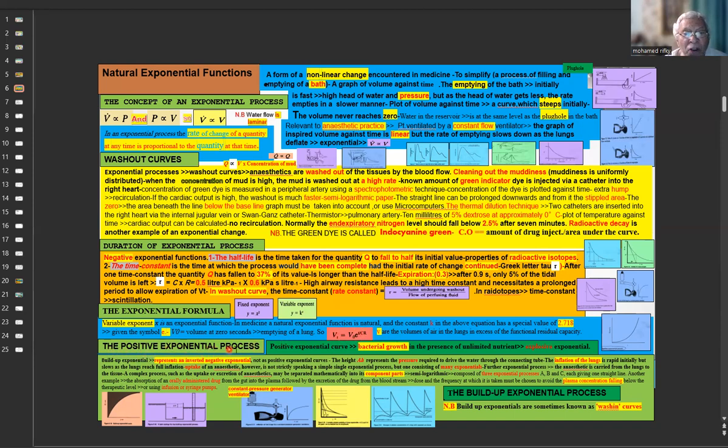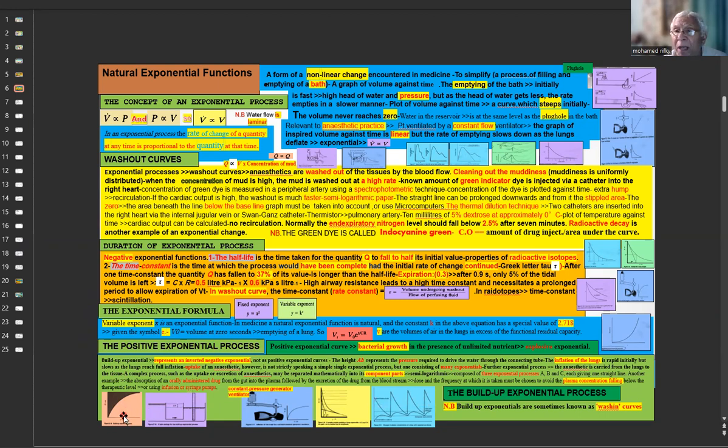The positive exponential process, of course, how does it look? Whenever I grow bacteria in a special nutrient, we call it an exponential explosion. So see how it goes upwards in a different way from the normal exponential curve. Now we come to what we call the build-up exponential process.